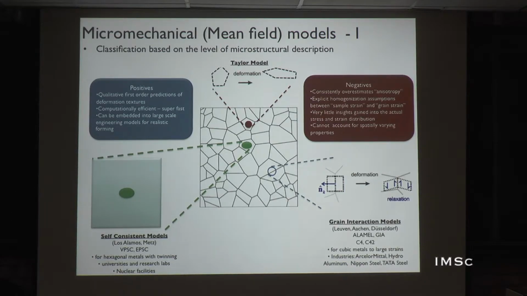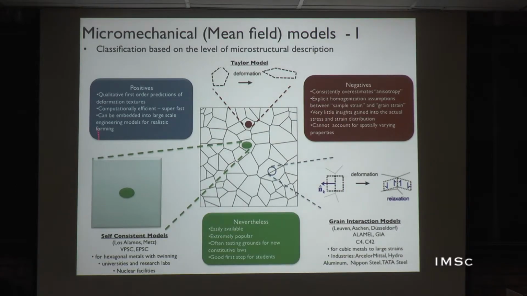This can't do that. Okay. But as a first year grad student, the first thing you are expected to do is to code this in MATLAB. If you want to do a Taylor code, it takes no more than about 100 lines. Of course, for him to get there it takes 100 hours or 100 days, but eventually this allows them to understand how you incorporate crystallography and the mechanical response.